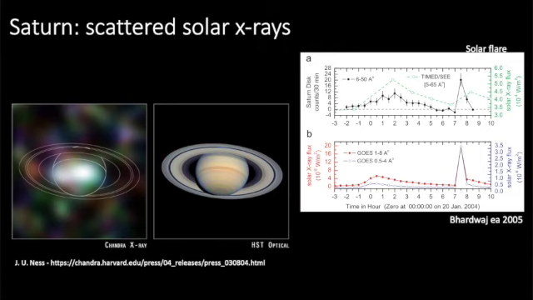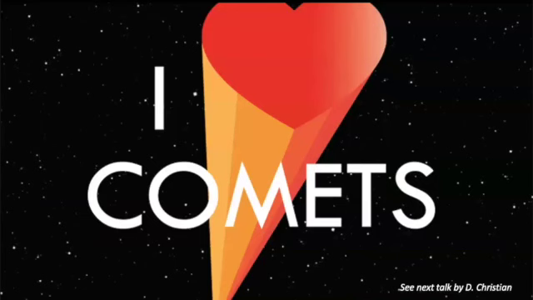So again, confirming that Saturn is mostly emitting X-rays through scatter processes. Total brightness luminosity of Saturn is about 25% of Jupiter, and that's right where you would expect it, as this object is about twice as far from the sun as Jupiter is.